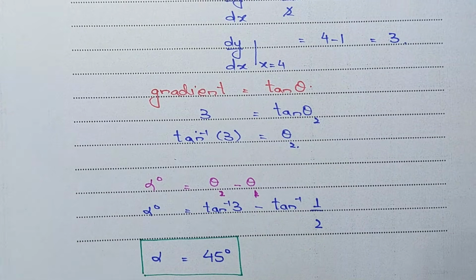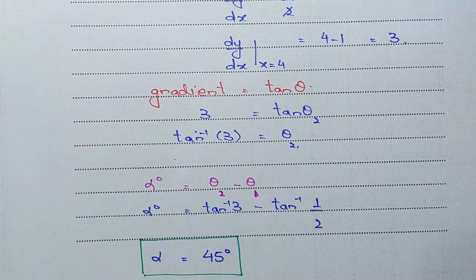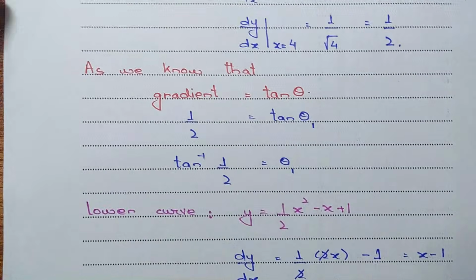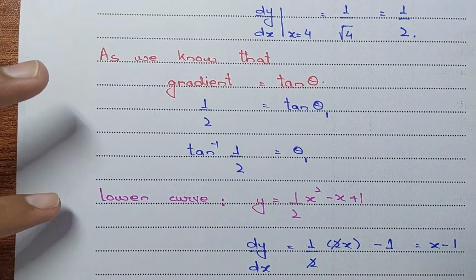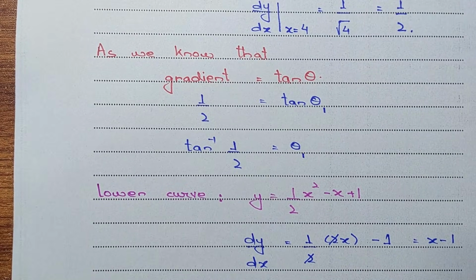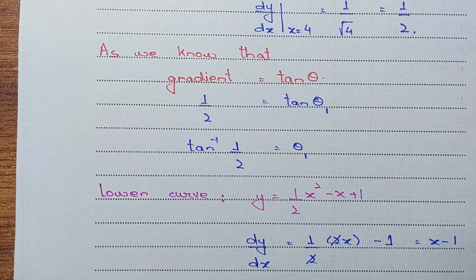So the basic concept is we have to write down the two curves in this question. For this part of the question, we need to write down the upper curve, we need to write down the lower curve, and we need to take the derivative of both curves at point B, whose x coordinate is 4, because we know that the gradient of the curve at the point B would be the gradient of that tangent line.